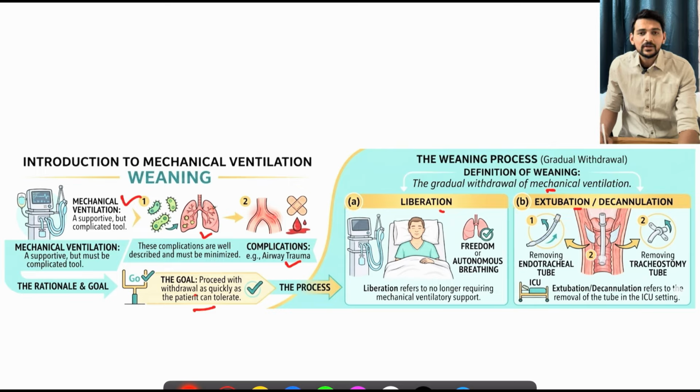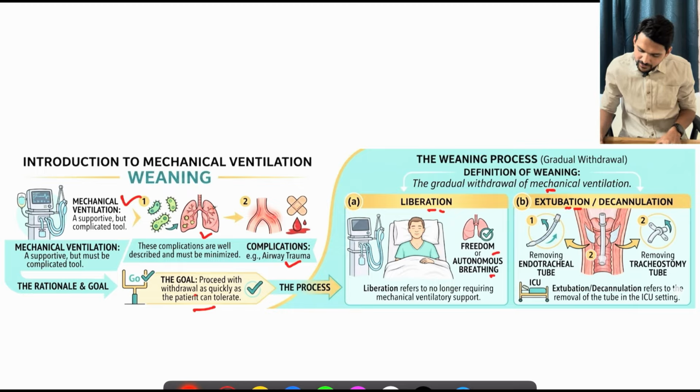Liberation means that if the patient is on mechanical ventilation and we remove ventilation completely so that the patient no longer requires any form of mechanical ventilation support, that is called liberation. That leads to freedom or autonomous breathing.